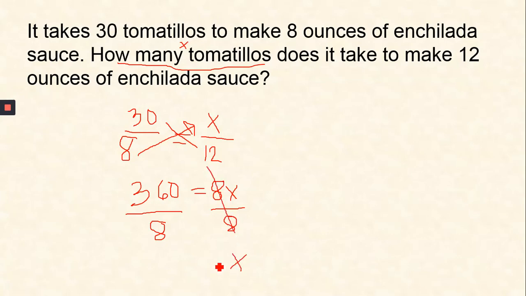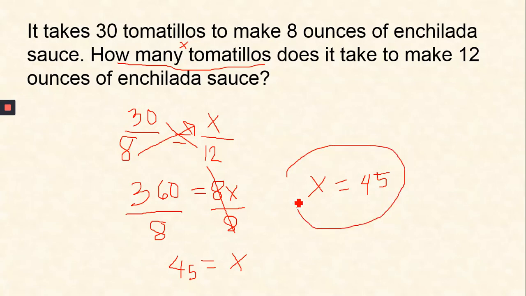So you now have x is equal to, what is 360 divided by 8? That is equal to 45. X equals 45. So there must be 45 tomatillos needed in order to make 12 ounces of enchilada sauce.